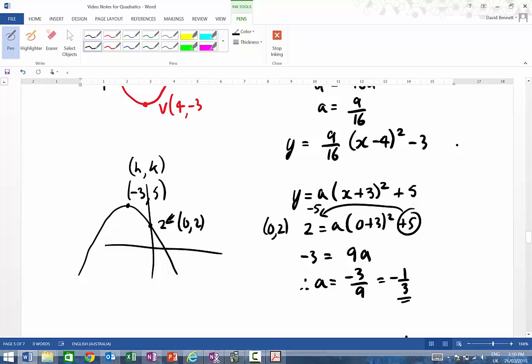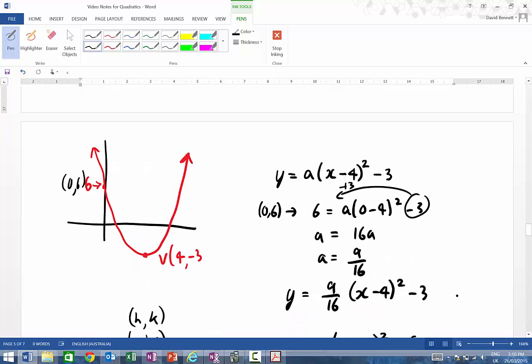So now my equation will be written as y is equal to -1/3 (x + 3) squared + 5. Again, anything that's got a negative a value should have an upside down shape. Anything with a positive a value should have a U shape. So now we've got a situation where we can use either of these types of curves.